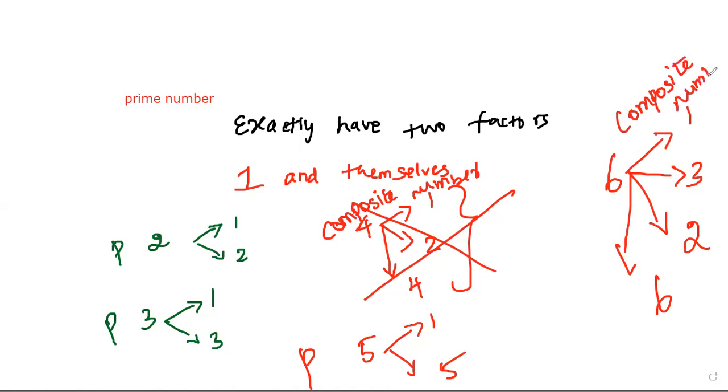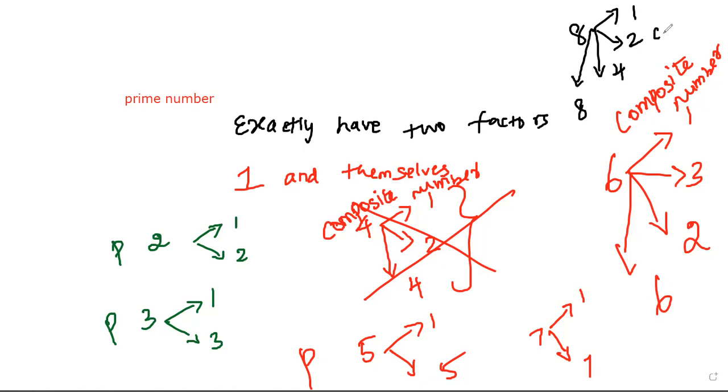It is not a prime number. Take 7. 7 can only be divided by 1 and 7. You cannot divide 7 by 3 or 2 or 4 also. You take 8. 8 is also a composite number because you can divide 8 by 2. 2 4s are 8. 4 is also a factor. 2 is also a factor. It has 4 factors. So 8 is a composite number.